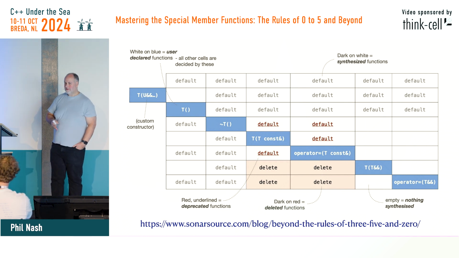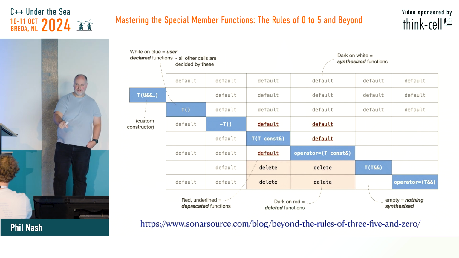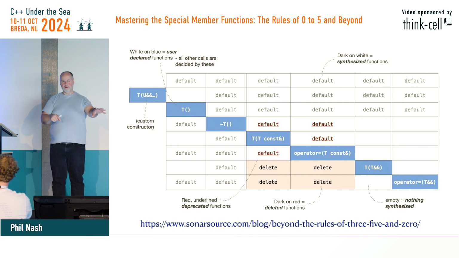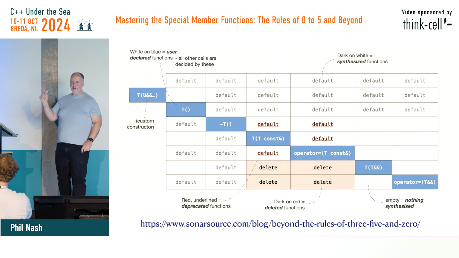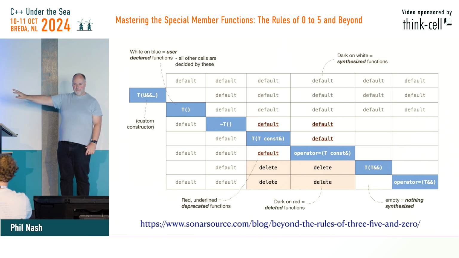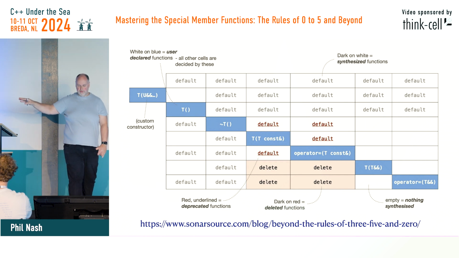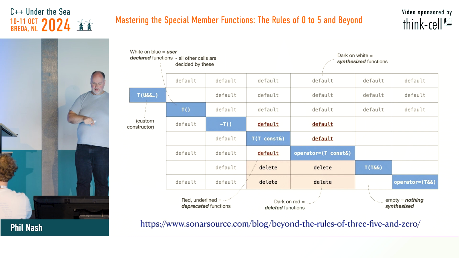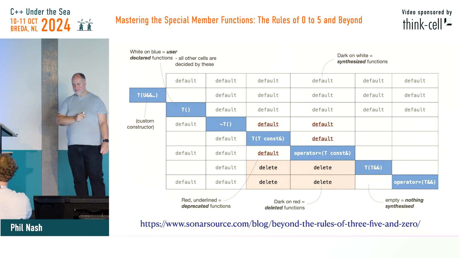You would think, well, if we were designing this today, we'd say, as soon as you introduce the destructor or one of those other two, it should disable the others. We didn't make that mistake when we introduced move semantics, and that's why it looks different to the right. If you introduce either of the move operations, it disables the other move operations, if you haven't implemented them, and deletes the copy operations.